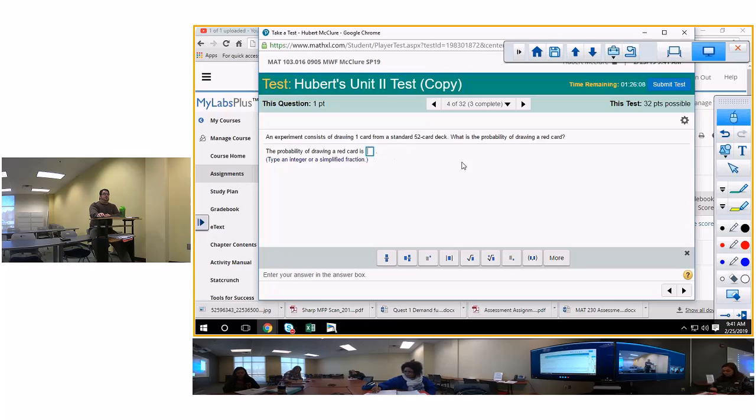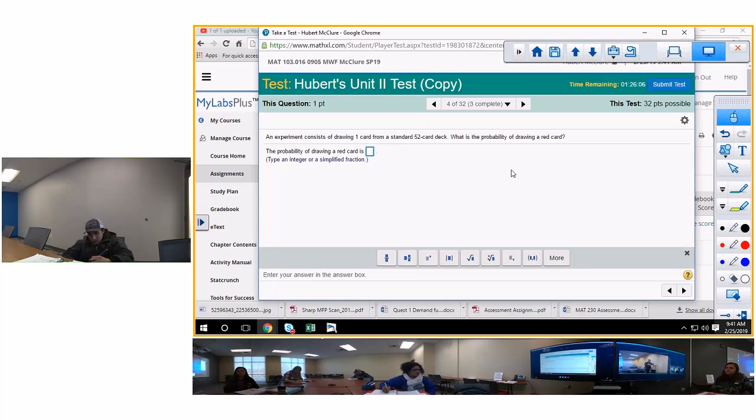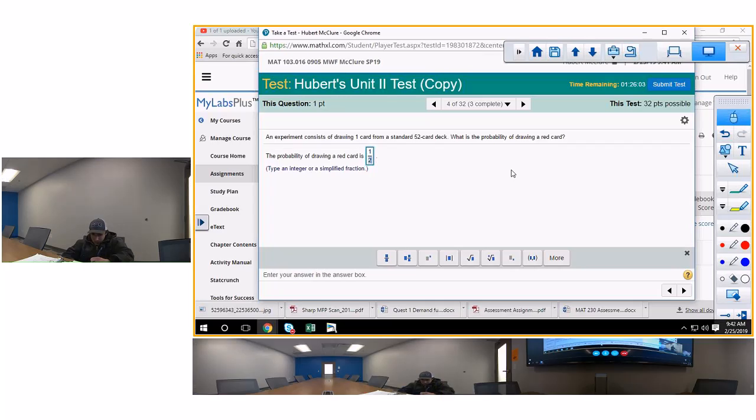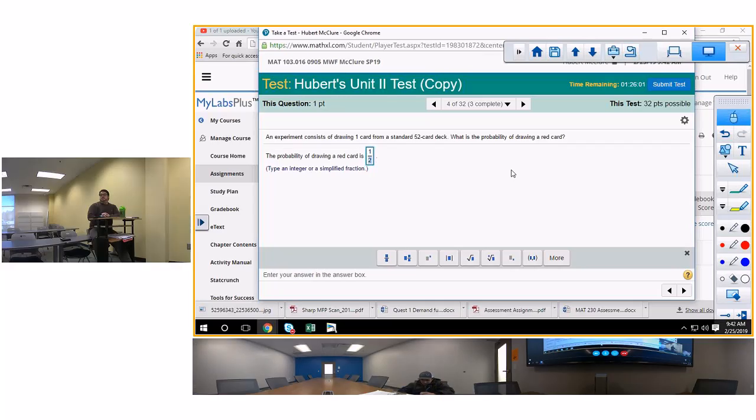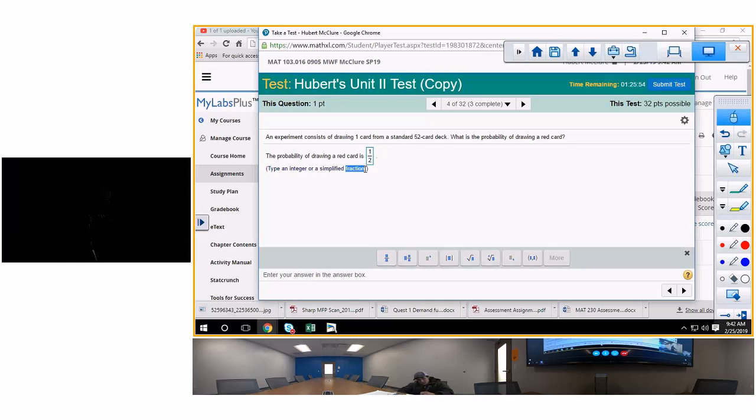Which is 1 half. 1/2. Now, what does the direction say? Type as a what? So if you type in 0.5, you may get it wrong. And if the directions tell you to type in a fraction and you type in 0.5, I will not be lenient. You got to follow directions.